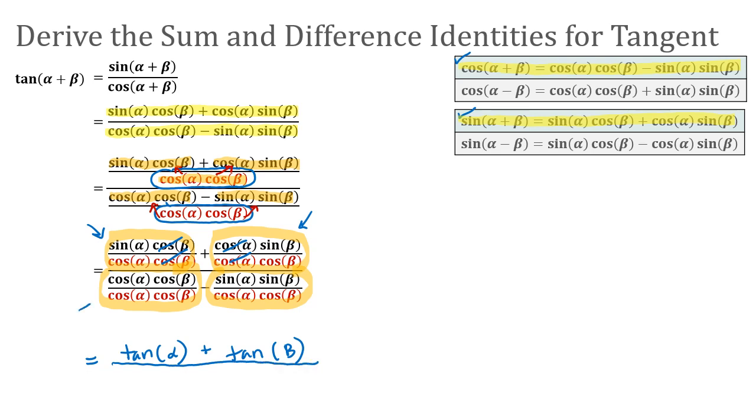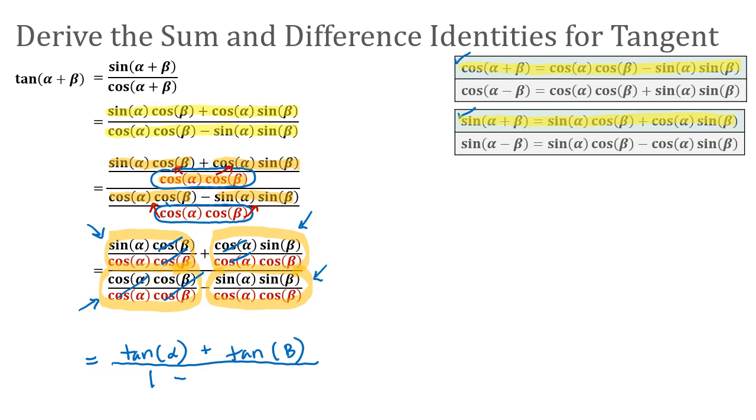Now let's go to the first term in the denominator. Not only do the cosine of alphas cancel out, but the cosine of betas cancel out as well. So I'm left with 1. Minus, let's look at the second term in the denominator. Does anything cancel out?